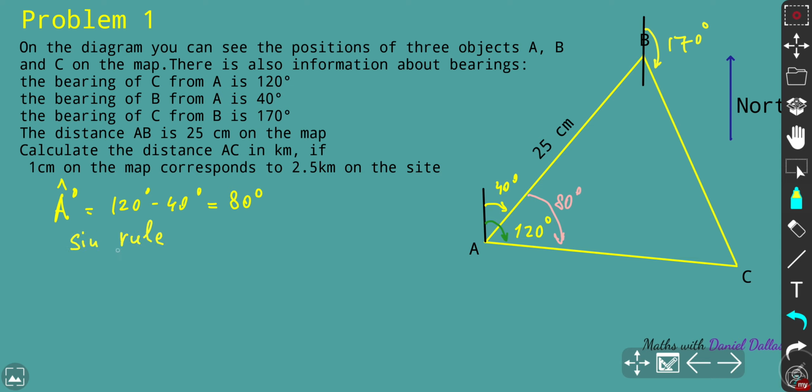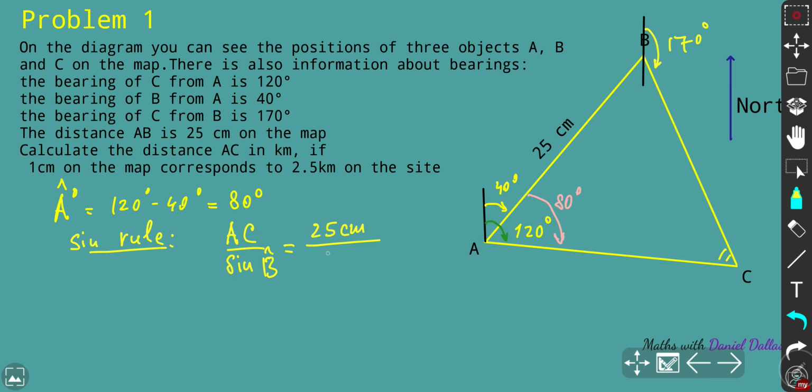Sine rule for the triangle ABC tells us that we are looking for AC, so that means side AC to the sine of the angle B is the same as the side AB, 25 centimeters. Right now we calculate it in centimeters, to sine of the angle C.